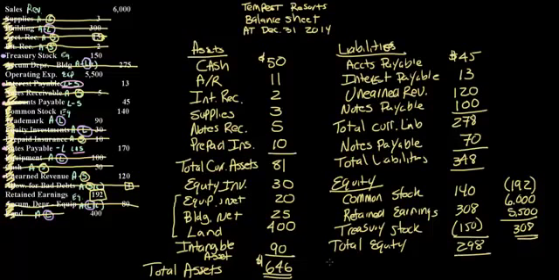So then if we do a total liabilities and equity, we get a total of, I believe, $646, and we're happy because the balance sheet does balance.